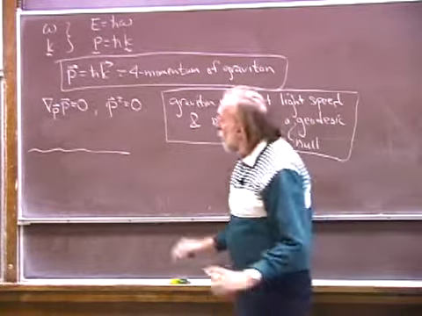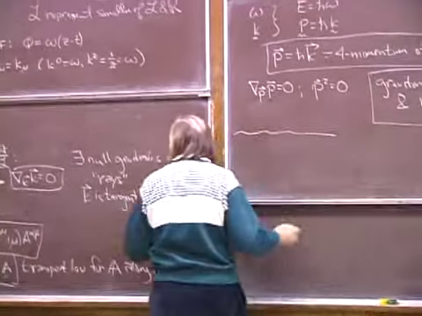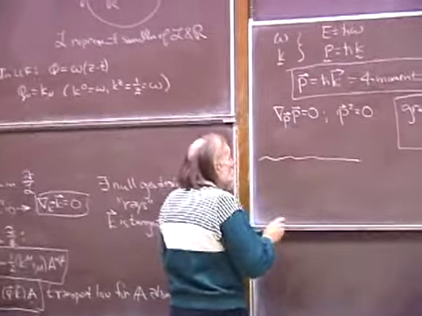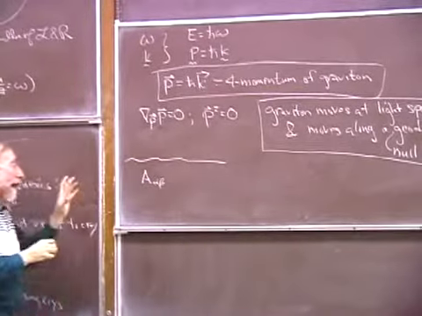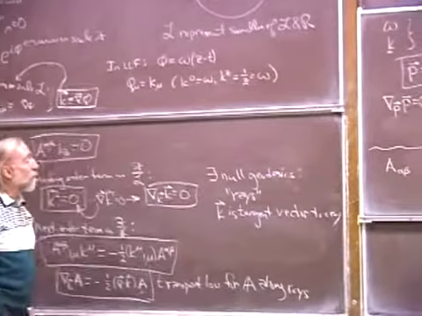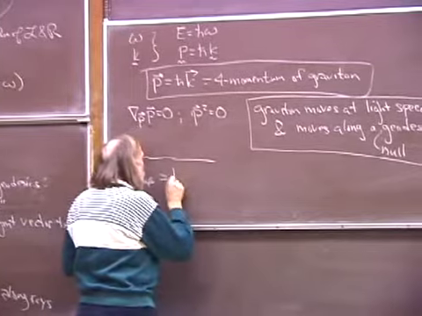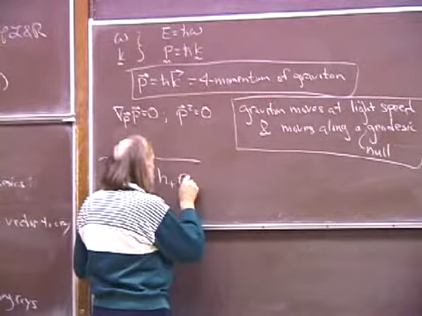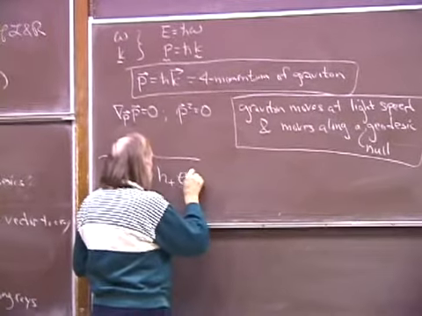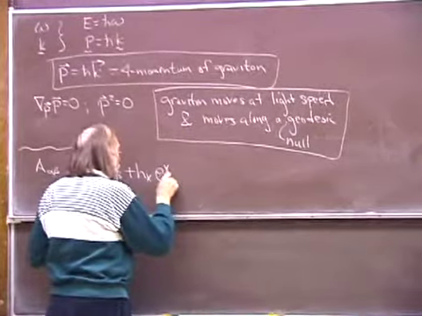So I want to actually talk a little bit mathematically about what does come out from this mathematics. And for that purpose, I want to take the amplitude of the gravitational wave, A alpha beta, and expand it over the gravitational wave fields: h plus e plus alpha beta plus h cross e cross alpha beta.